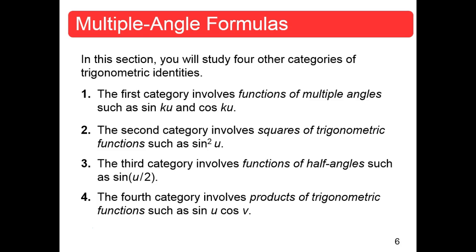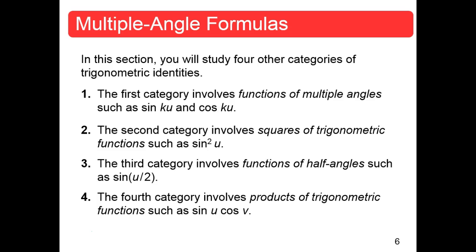But we haven't actually worked with the functions and identified some identities with that. The second category involves the squares of trigonometric functions, such as sine squared u. Even though we've used that in identities before, we'll come up with some new approaches.